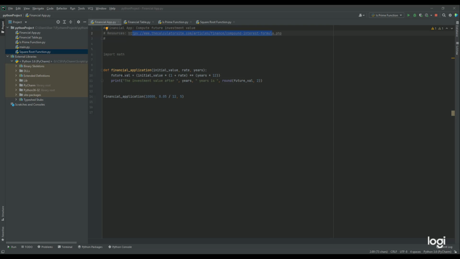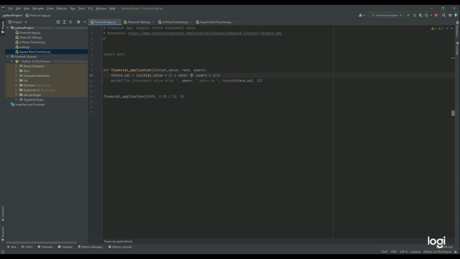So I started off by doing the formula for the compound interest, which I assigned to the variable future val, which equals the initial value times 1 plus the rate, elevated to the power of years times the months.